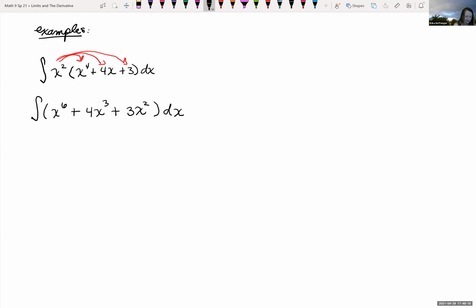Okay, so taking the antiderivative of x to the sixth, we're going to add 1 to the exponent, so we get 7, divide by our new exponent of 7, plus the antiderivative of 4x cubed, keep the 4, leave it alone, and now antiderivative of x cubed, so add 1 to our exponent, which is a 4, divide by our new exponent of 4, plus 3, add 1 to our exponent of x squared, so we get x cubed, divide by our new power of 3, plus c.